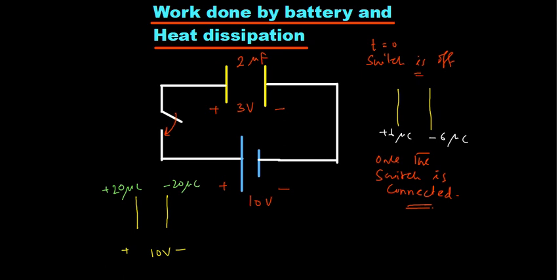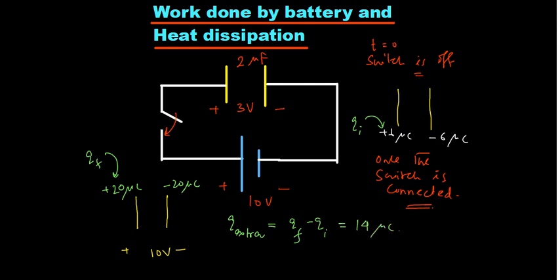So Qi, the initial charge in the system, is plus 6, and Qf, the final charge on the plate, is plus 20. Now you can imagine Q extra, how much charge the battery has supplied. Q extra is Qf minus Qi, that is 20 minus 6, which is 14 microcoulomb.